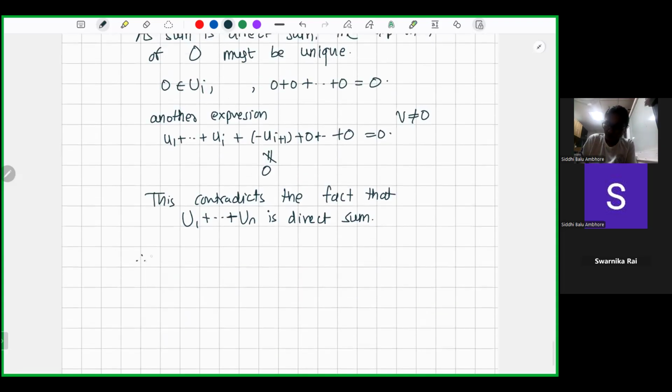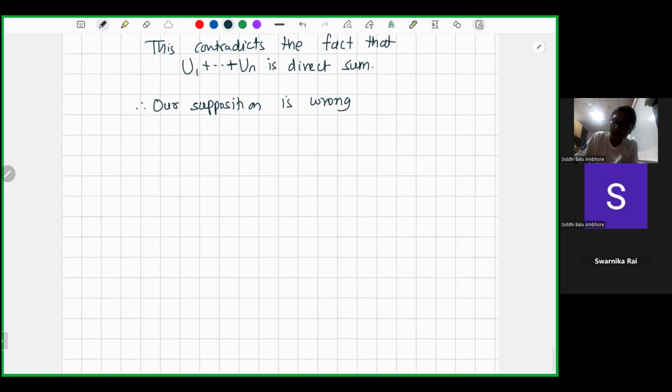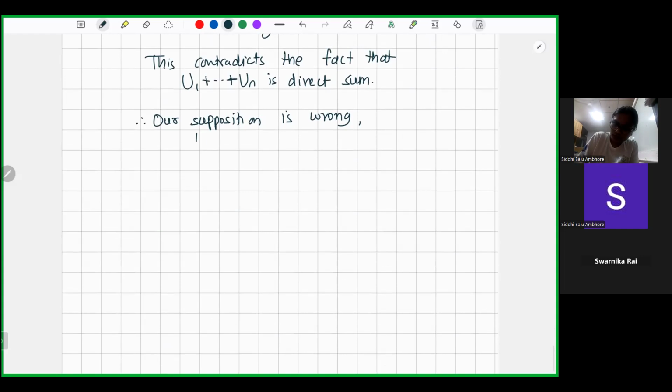Therefore our supposition is wrong. And this u1 plus ui intersection ui plus 1 is 0. Okay, I hope this is okay.